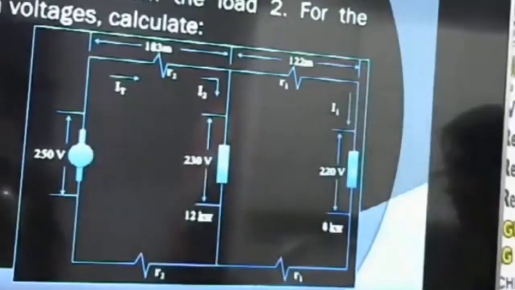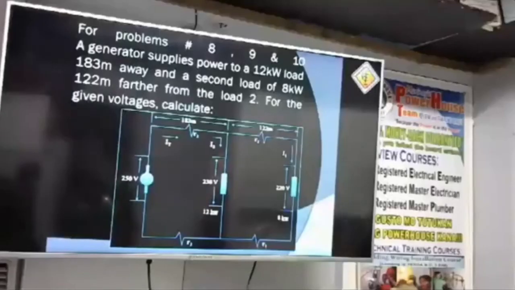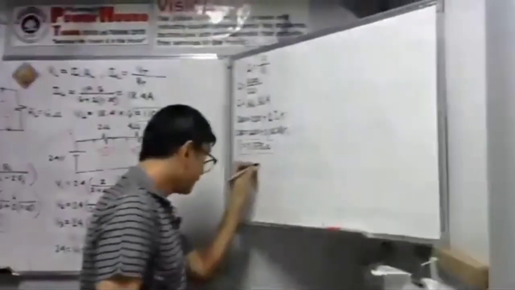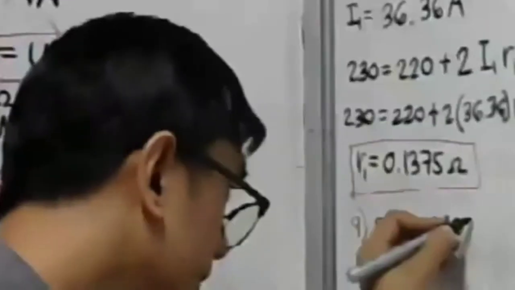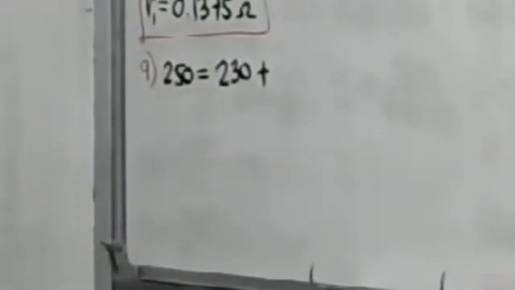So let us write the equation for number 9. Again, 250 is equal to 230 plus the voltage drops.